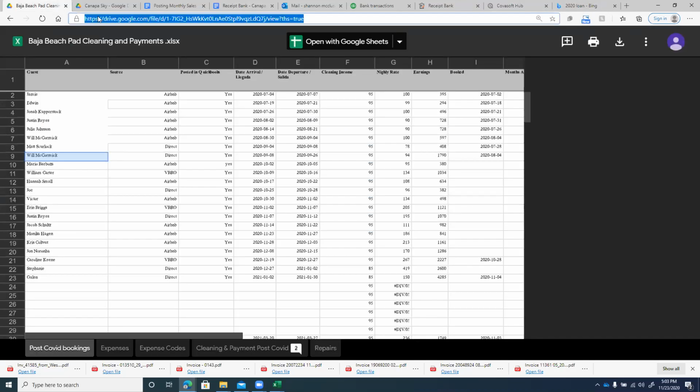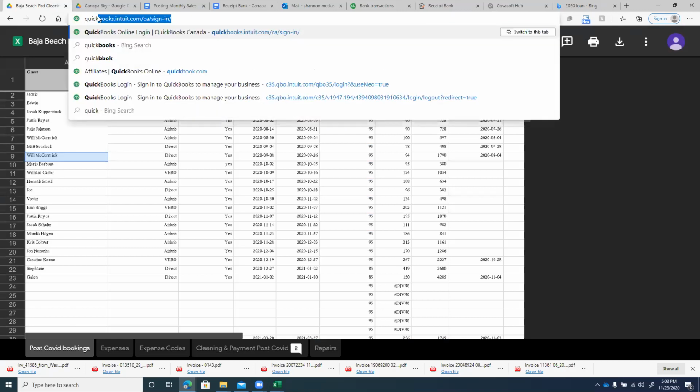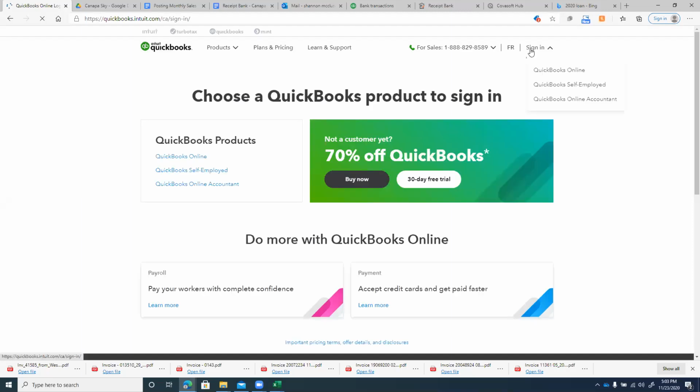Then I'm also going to open up QuickBooks. Now, Canapa Sky is a different company. Before, every time you were logging in to work on the vacation rental, you were just looking at my own business.